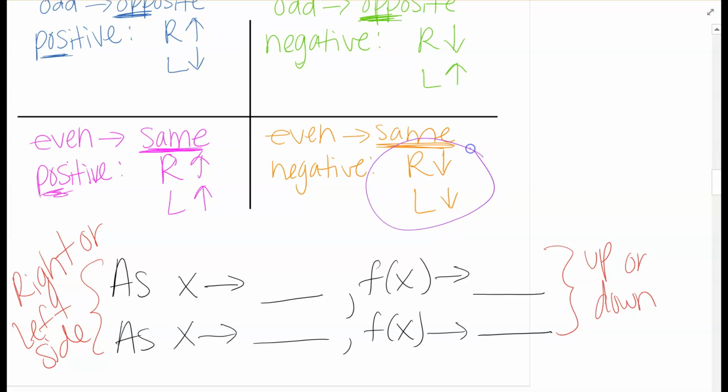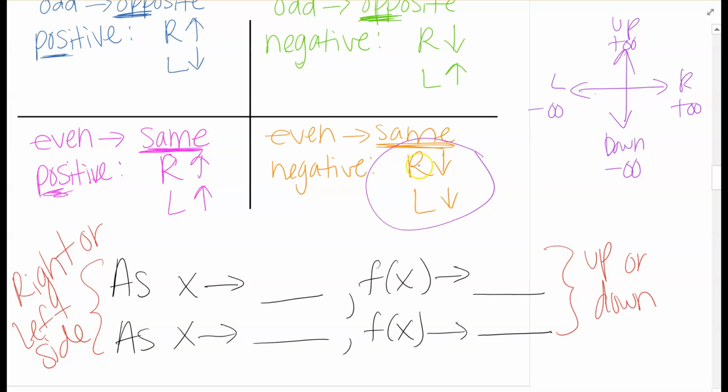Okay, so for example, if I do this here, right down, left up, think about your x and y axis. Right side goes to positive, left goes to negative, up goes to positive, down goes to negative.